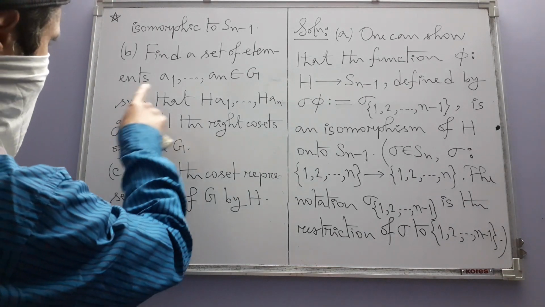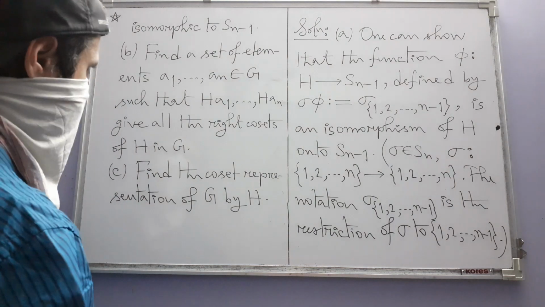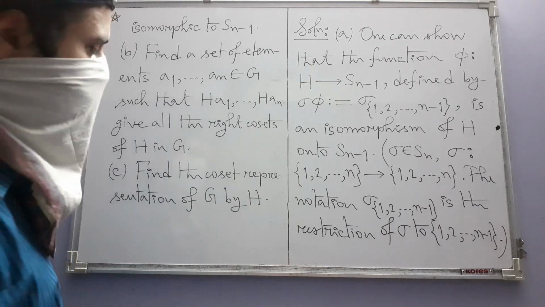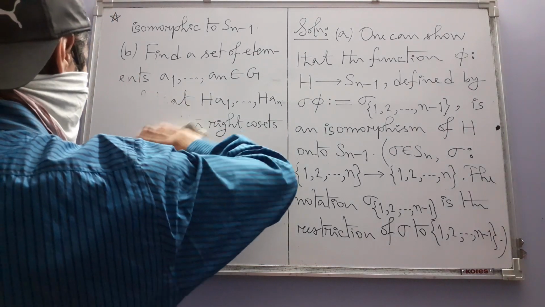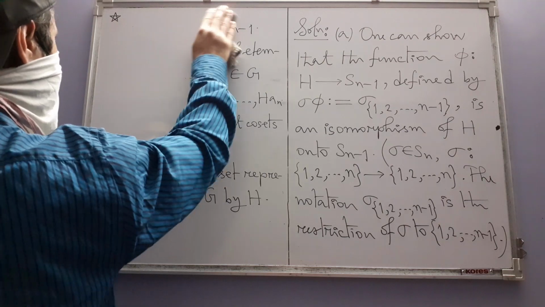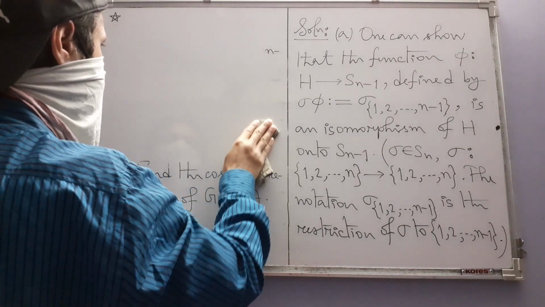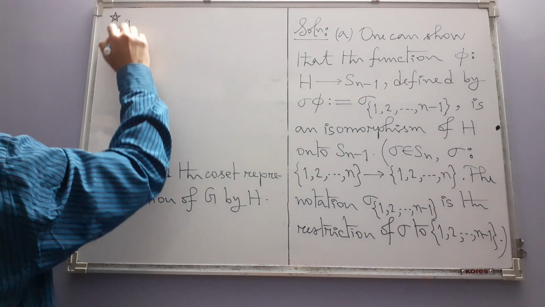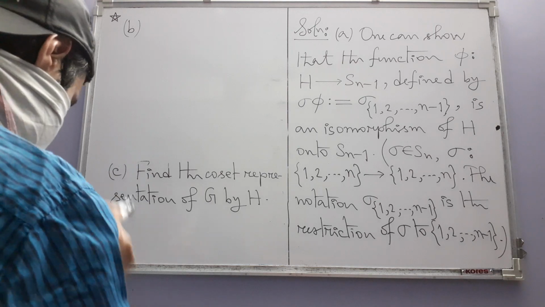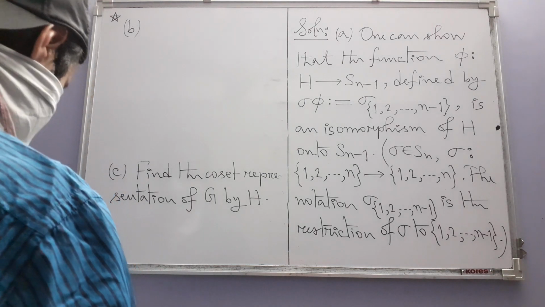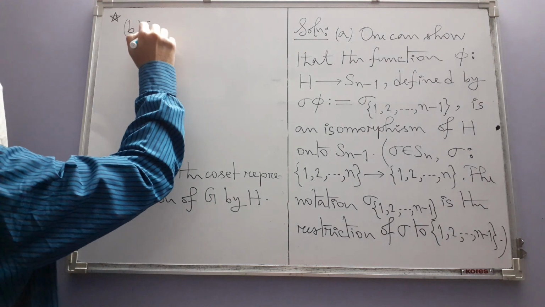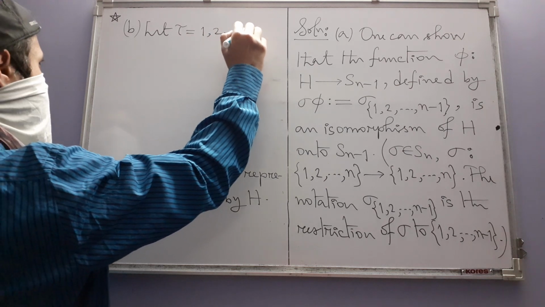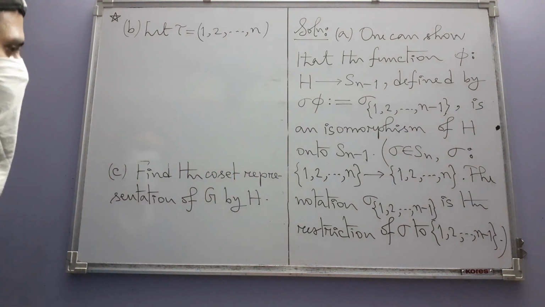Next, in part B, we have to find those representative elements that will give us a full set of all the right cosets of H in G. For that, we can write like this. You consider this n cycle. Let tau be this particular n cycle.